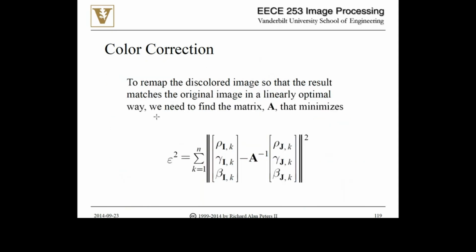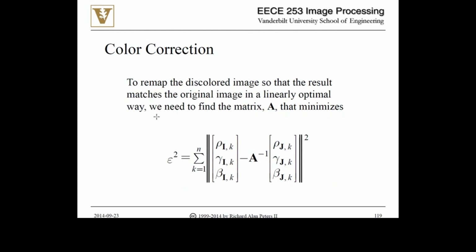So what you have to look for is a matrix such that when you take the colors and multiply by the inverse of that matrix, you recover the original colors. Do you agree with that?